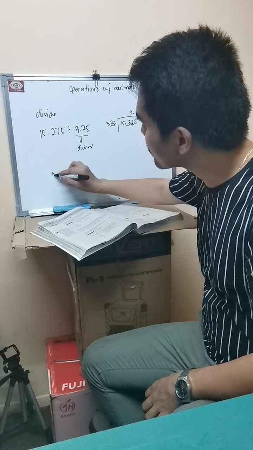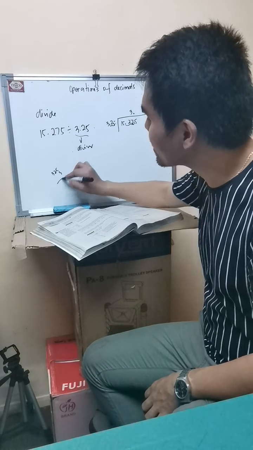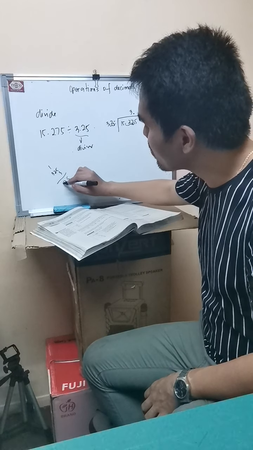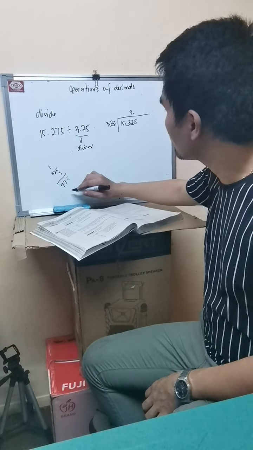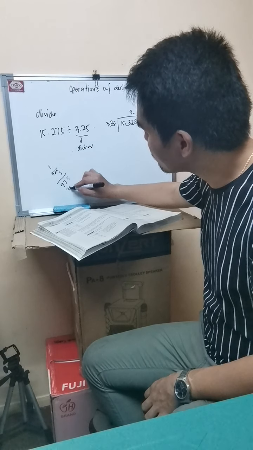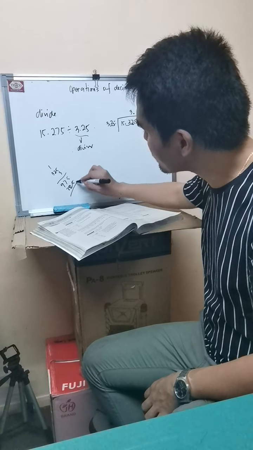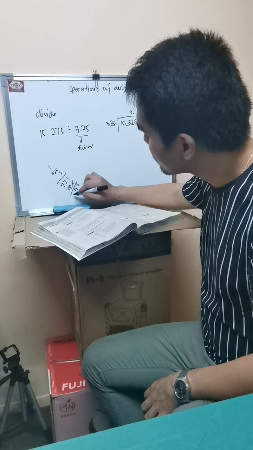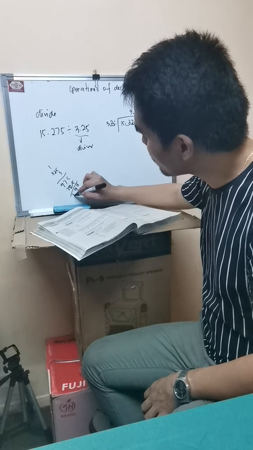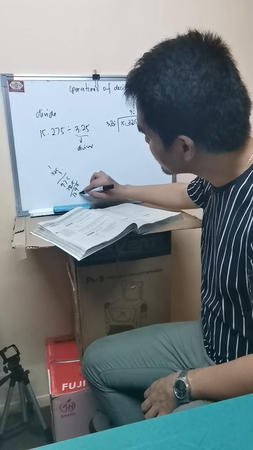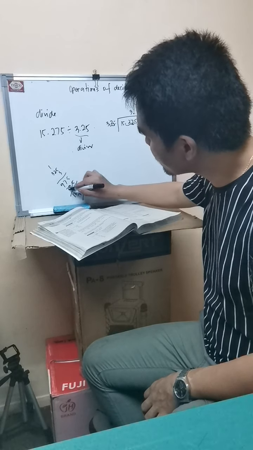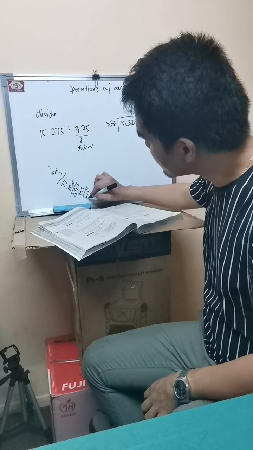325 times 3, that is 15, carry 1, 6, 7, then you have 9. Plus 325, that is 10, 9. Then 12, plus 325, that is 0, 11, carry 1, 5, 6.